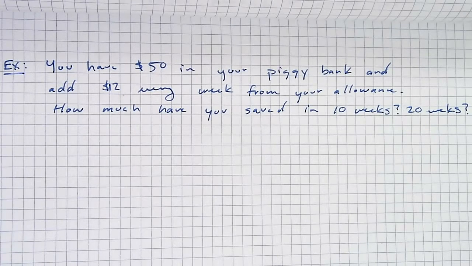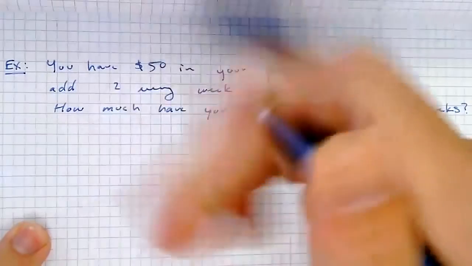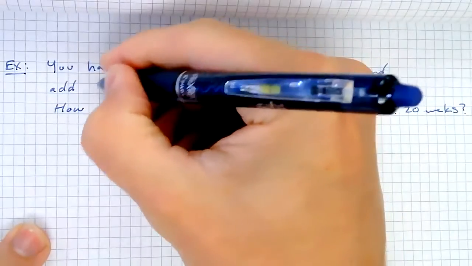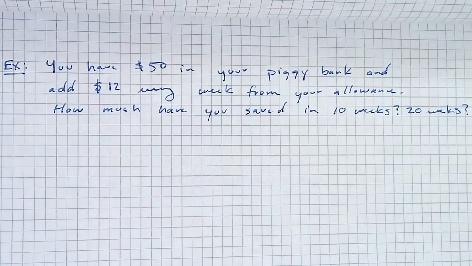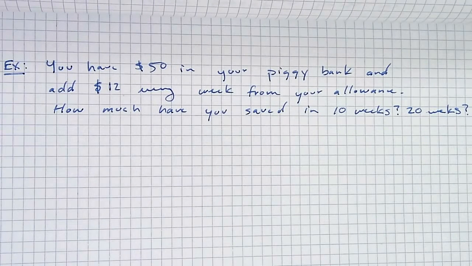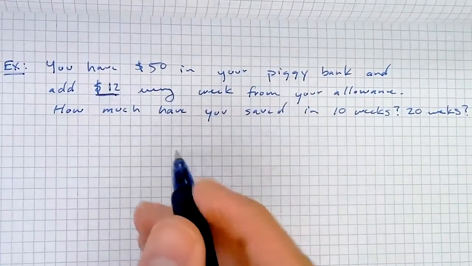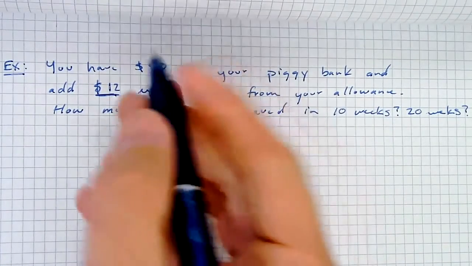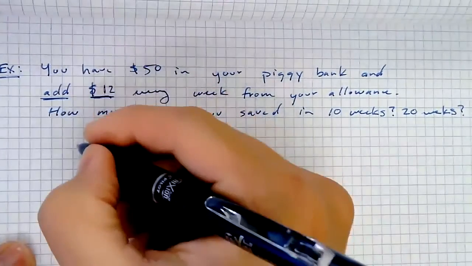Let's say you have $50 in your piggy bank and you add $12, it should be a 12, it kind of looks like a 2, you add $12 every week from your allowance. How much have you saved in 10 weeks, 20 weeks? So now you have to identify that you are adding the same amount each week. Since you are adding the same amount each week, it should be arithmetic.